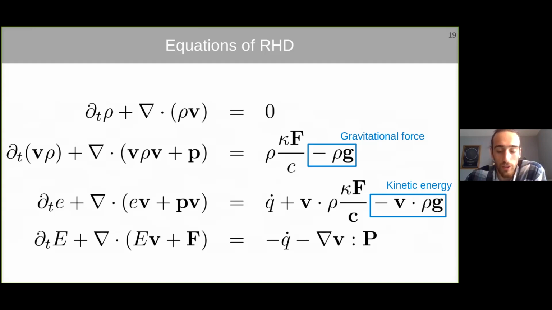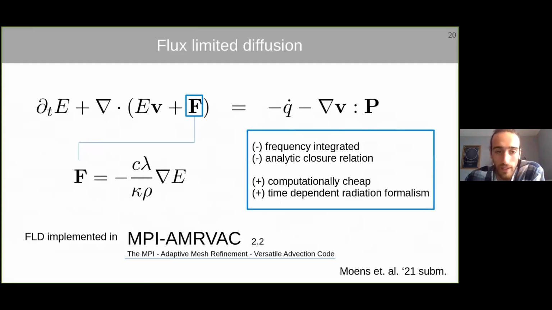There's one more term that we don't know, and that's the radiation flux. It's present in the bottom equation, the radiation energy density equation, but also in the radiation force and its kinetic term. To calculate the radiation flux, we use the flux limited diffusion approximation. In this approximation we describe our radiation energy density as a diffusive field.